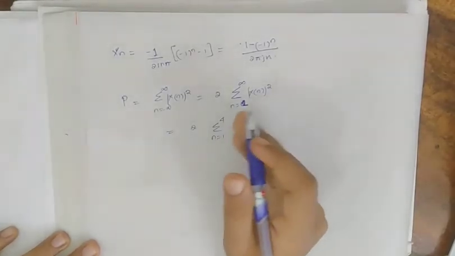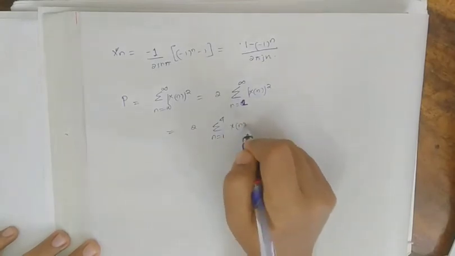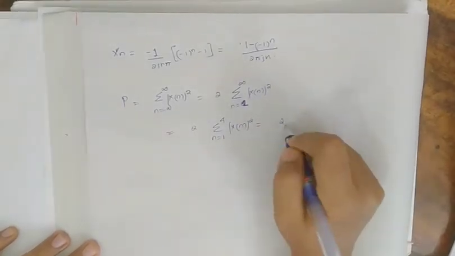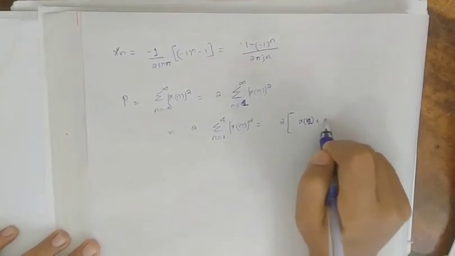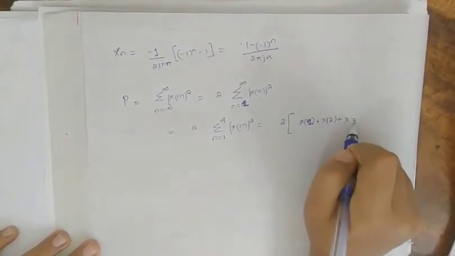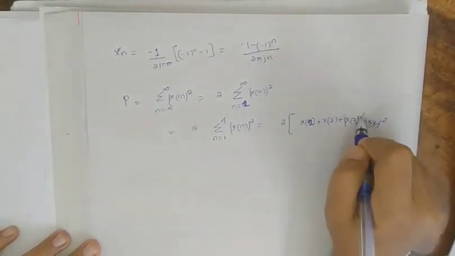We have to find till the 4th harmonic only, so the sum from 1 to 4 of modulus x of n square, which is x of 1 plus x of 2 plus x of 3 plus x of 4, each squared.